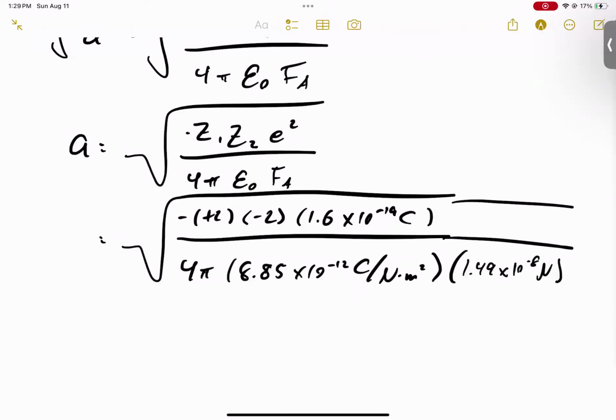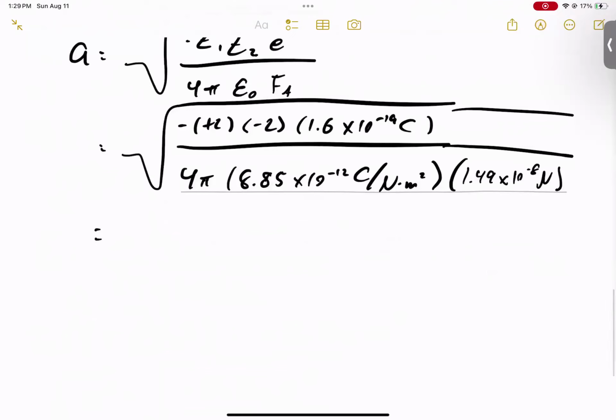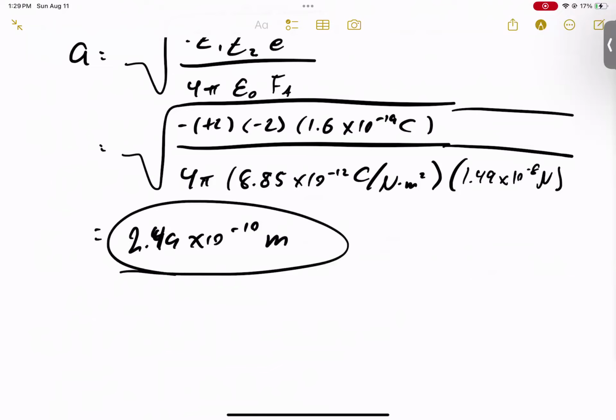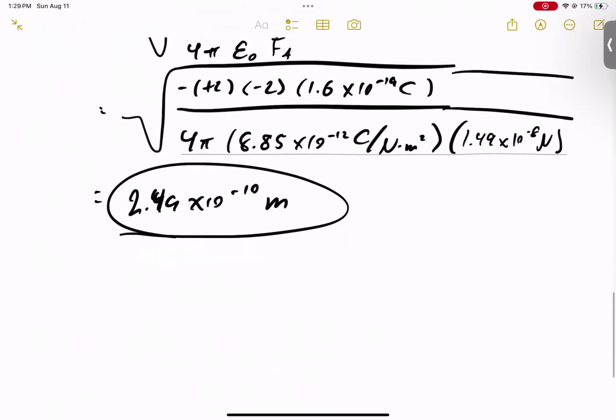Let me just extend this for completion. Then if we put this into our calculator, we should have a final answer of 2.49 times 10 to the -10 meters. All right. That is our answer for part A, which is just asking for the interionic distance, which is just the value of A.